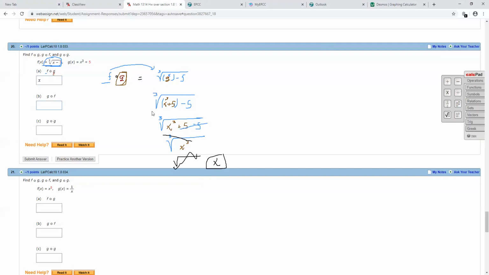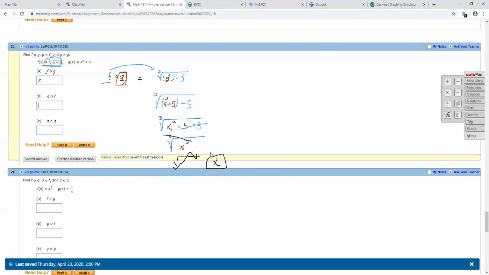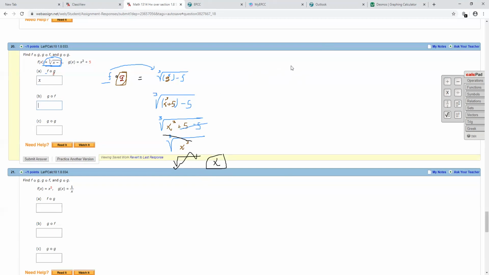And now what about this one? Any questions? I think I already asked you. No questions there. Okay, now what about this one? g of f. g of x cubed plus 5.